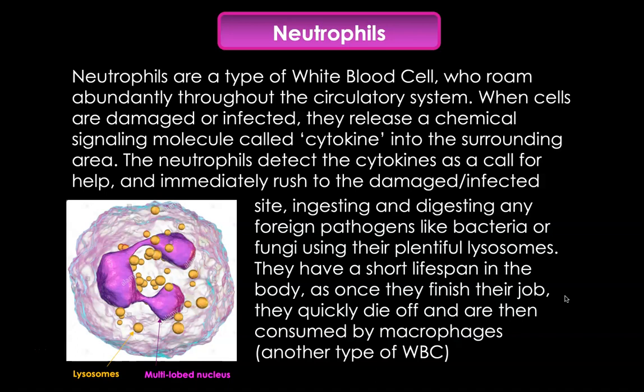So neutrophils are a type of white blood cell. They roam abundantly throughout the circulatory system. When cells are damaged or infected, they release a chemical signal, a molecule called cytokine, into the surrounding area. The neutrophils detect the cytokines as a call for help and immediately rush to the damaged or infected site, ingesting and digesting any foreign pathogens like bacteria or fungus using their plentiful lysosomes.